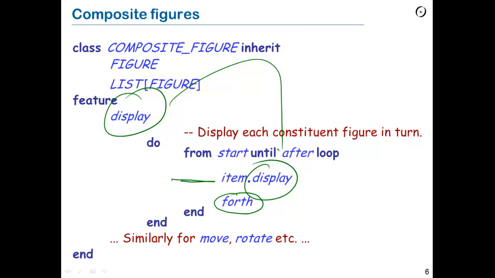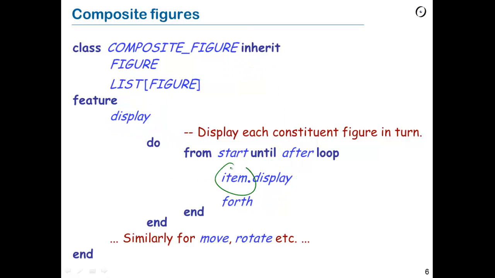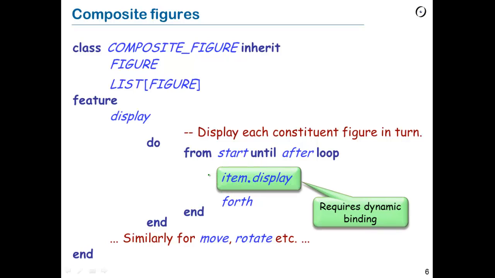So whenever we take item, it represents a figure, and that figure could be a circle, could be a rectangle, could be a segment, or it could be a composite figure, and in any of these cases it will have its own feature display. So clearly this can only work with dynamic binding, and it could be recursive, but it's only going to be recursive if an element of a composite figure is itself a composite figure.